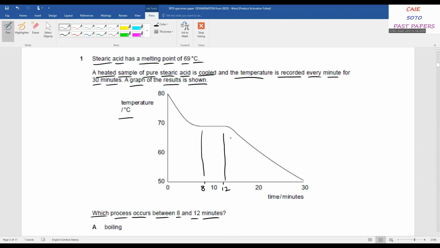So first of all, you will look at the melting point of stearic acid. It's 69 degrees centigrade, just falling here, which means at this state, the stearic acid exists in the solid and liquid state.